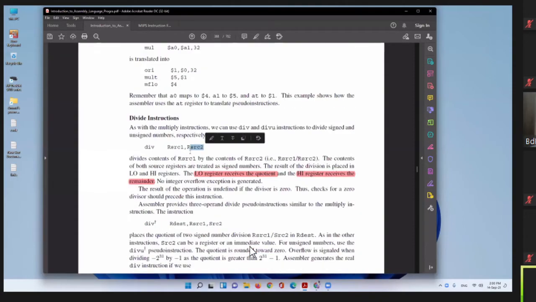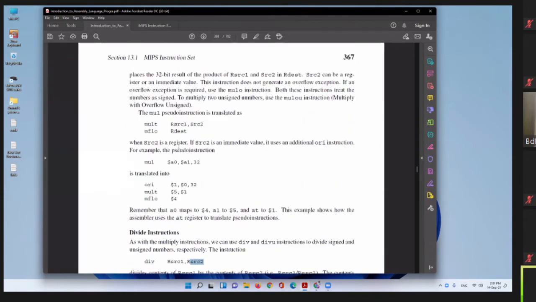We don't have a destination here because, for example, after the division, we have two answers, right? So we have to use two registers for storing the data, right? So it is not possible according to the instruction format.